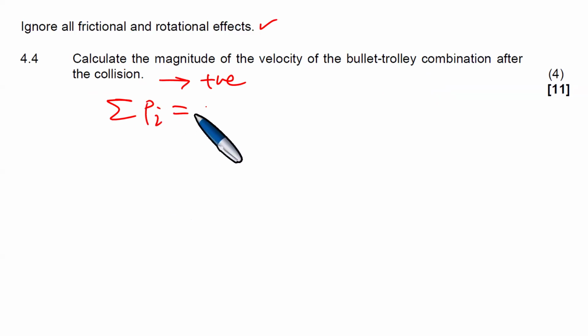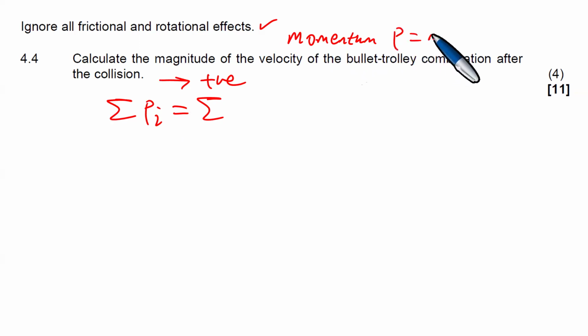The summation of all momenta. Okay, there is what we call momentum. Momentum means that the momentum of one object is mass times the velocity. But if there are many, we say they are momenta.